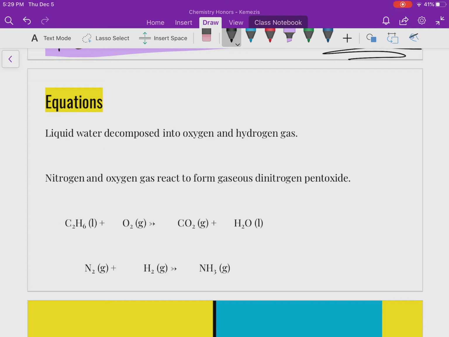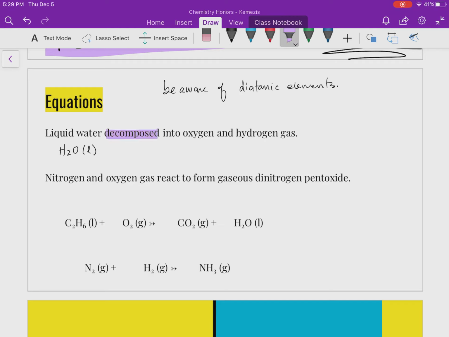So liquid water decomposes into oxygen and hydrogen gas. The other things you have to be aware of is diatomic elements, because again, that's going to affect your balance. Okay, so liquid water. We know the formula of water. The correct formula is H2O. They're telling us it's liquid. It decomposes.